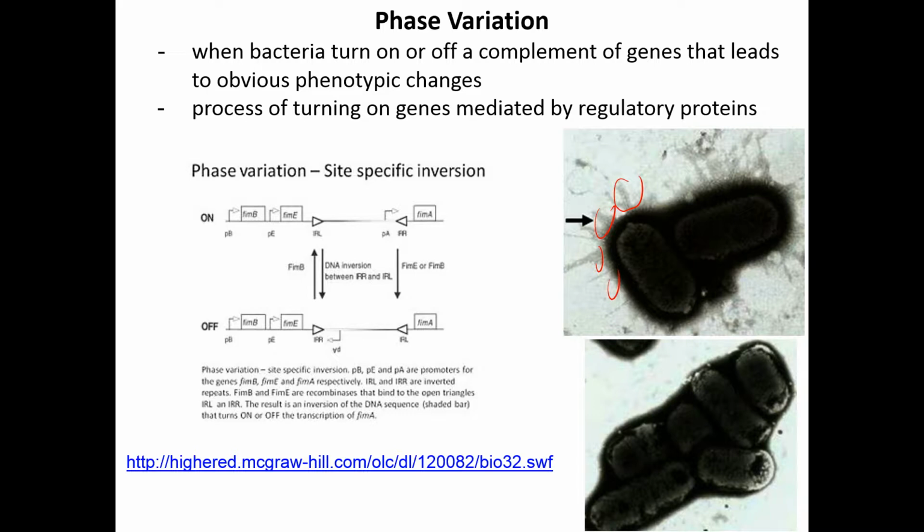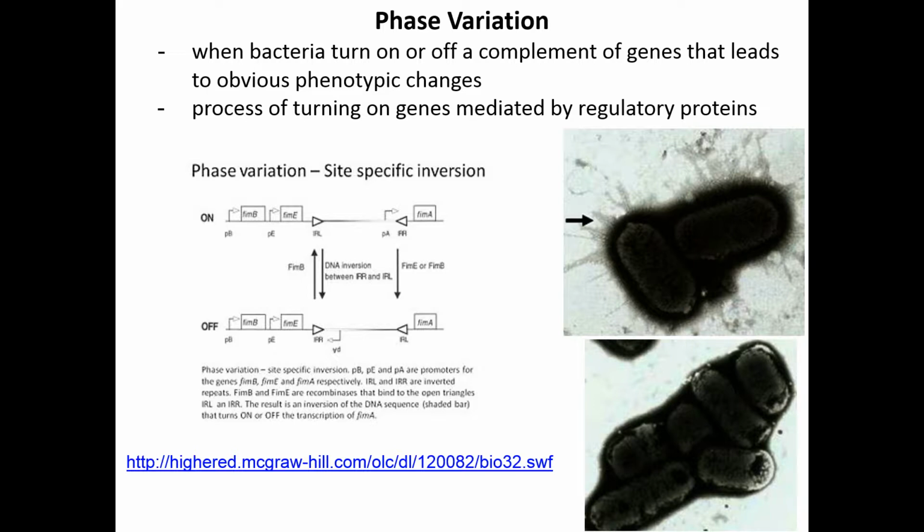Because if the immune system gets wind of it and sees it, then it's going to be targeted for destruction. So the bacterial cell can alter the expression of whether this set of genes responsible for synthesizing the fimbriae is on or off. Here you're seeing them on, and below in the image you're seeing them turned off. This basically involves inverting a portion of the regulatory sequence in the DNA.